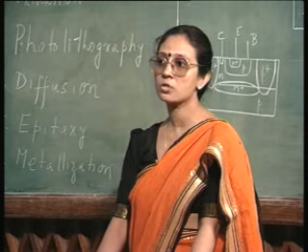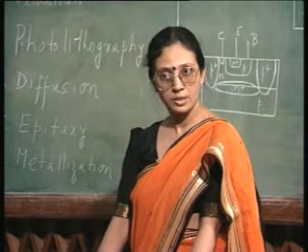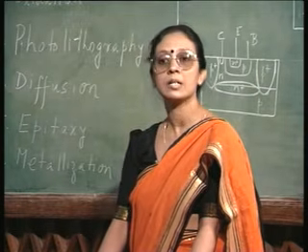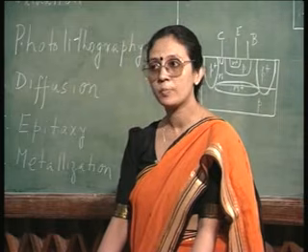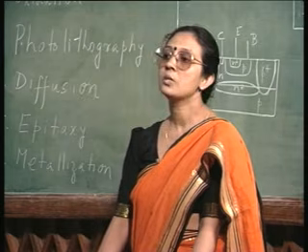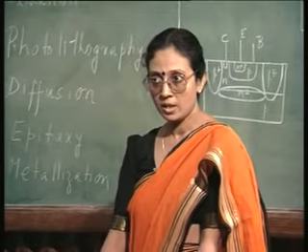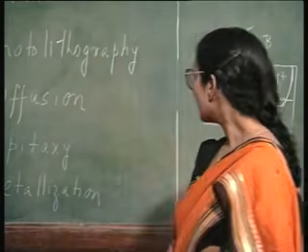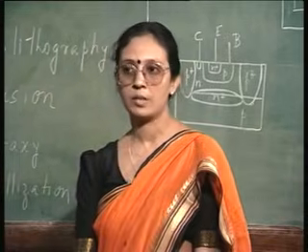We have subjected it to diffusion to dope the particular regions, and you have seen that this process has to be repeated a number of times for base, for emitter, for p-n junction isolation. You have also seen that we need to have an epitaxial region for the bipolar junction transistor fabrication. So, that is another step, the epitaxy, and then finally, we have the contact metallization.